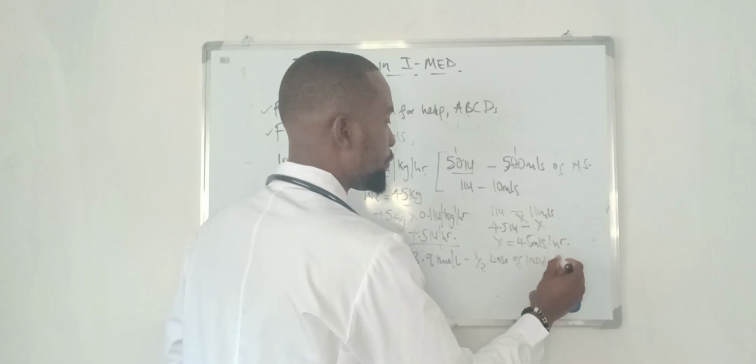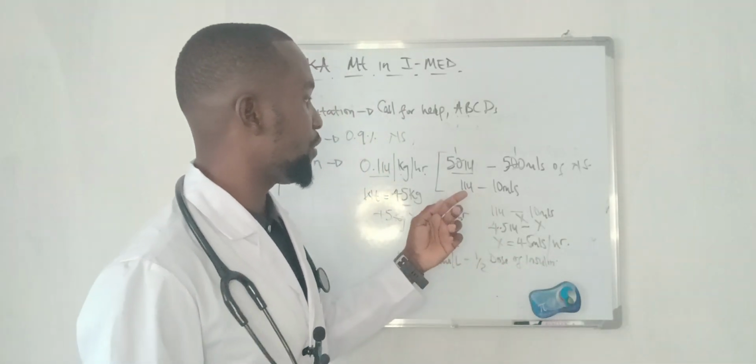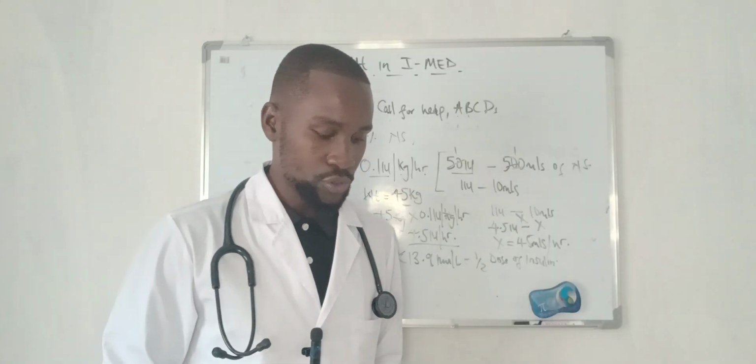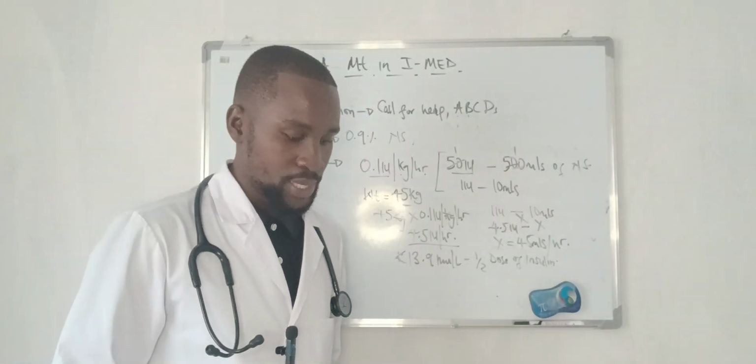Why? You want to prevent hypoglycemia. So halve the dose of insulin, meaning since you are giving 0.1 international units, you are now going to be giving 0.05 international units per kg per hour.